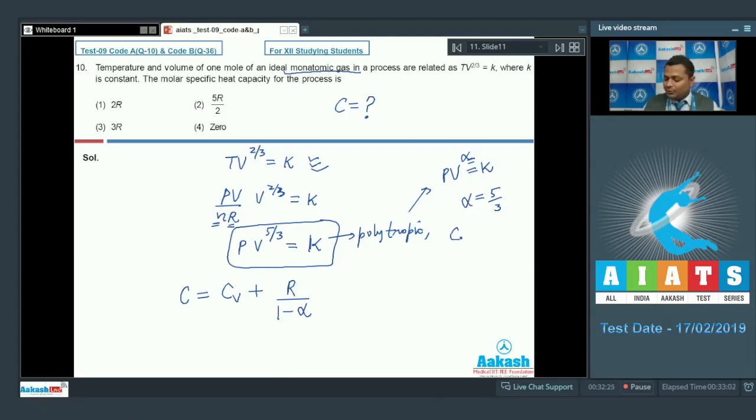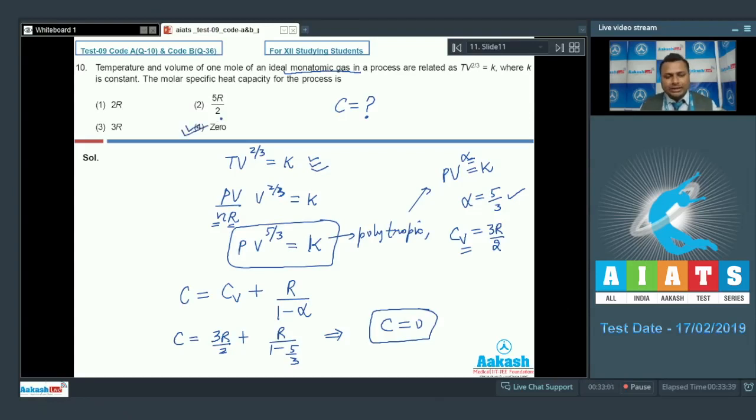So the Cv for a monoatomic gas, you already have calculated, is 3R by 2. Now putting these values of alpha and Cv in the C equation, we will get C as 3R by 2 plus R divided by (1 minus 5 by 3). After solving, you will get C equals 0. So the molar specific heat capacity here will be 0. Now let us proceed to the next question.